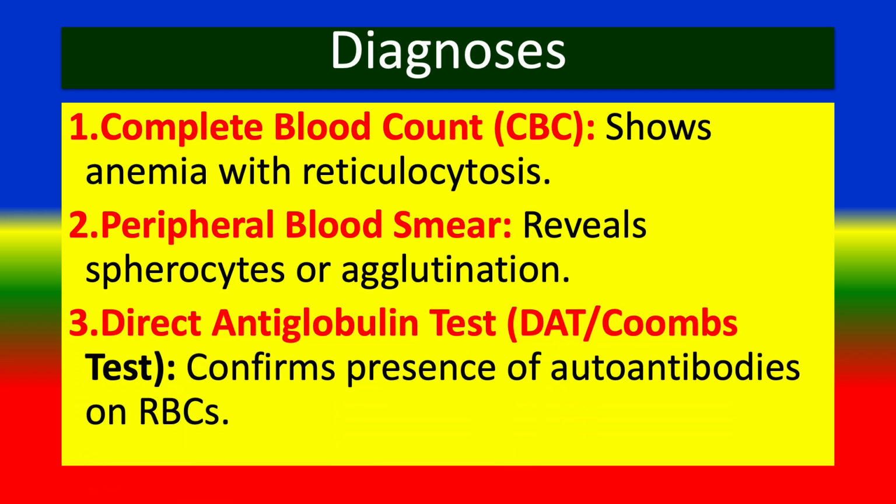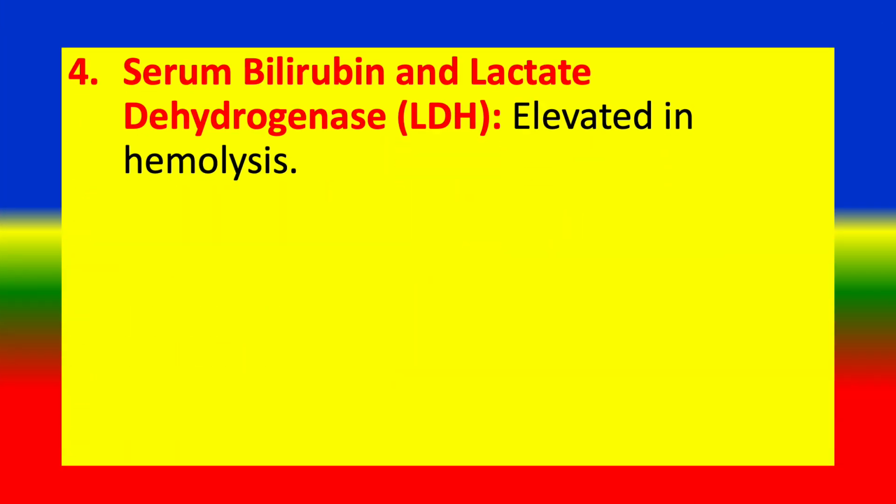Direct antiglobulin test confirms presence of autoantibodies on RBC. 4. Serum bilirubin and lactate dehydrogenase are elevated in hemolysis.